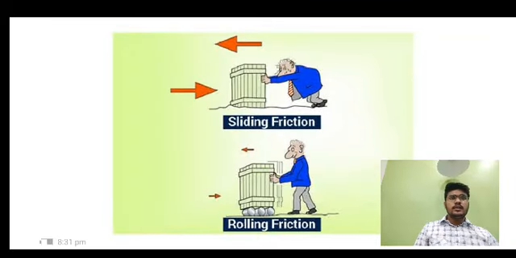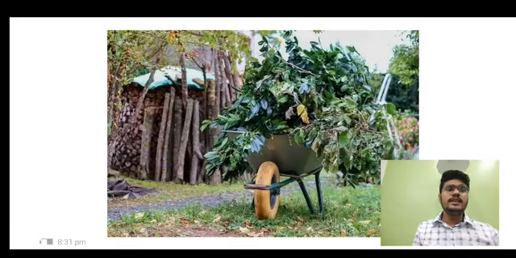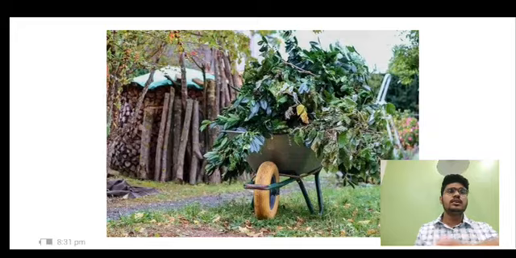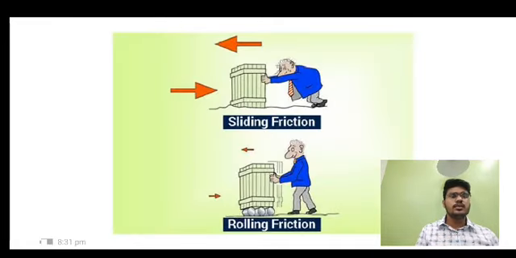And as everyone knows, in the previous case also, why does he attach that wheel to it? Why can't he drag it? Because rolling friction is very less compared to sliding friction. Why? Because in rolling friction, the point of contact is continuously changing.